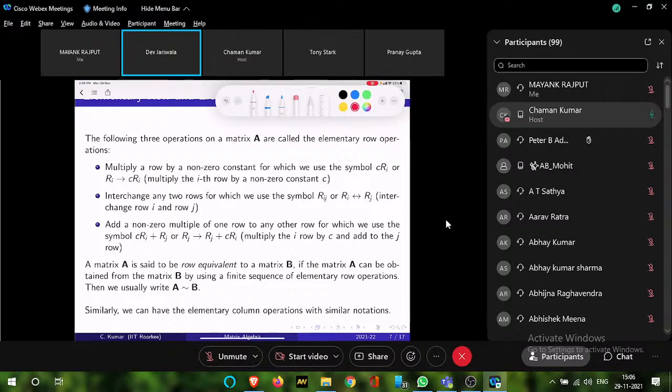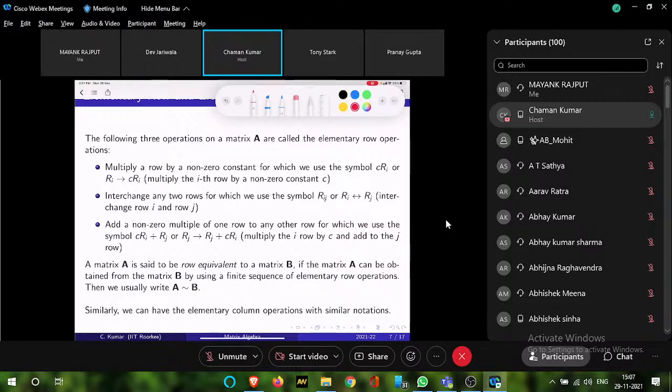No. So you don't have to mix the row and column operations together. You obtain matrix A from matrix B using only elementary row operations. Then it is said to be row equivalent. When you perform row operations, you do not simultaneously perform column operations. Both cannot go together. Okay. And similarly, when you perform these elementary column operations on matrix B, then you get a matrix A, which you call column equivalent.